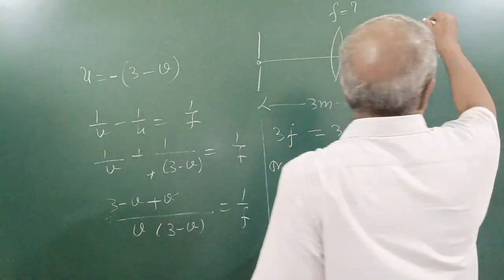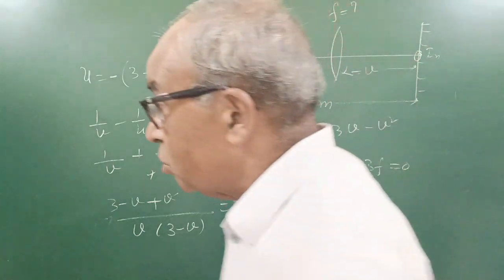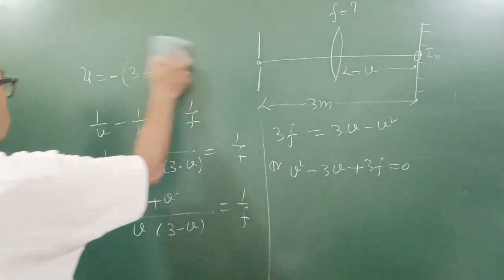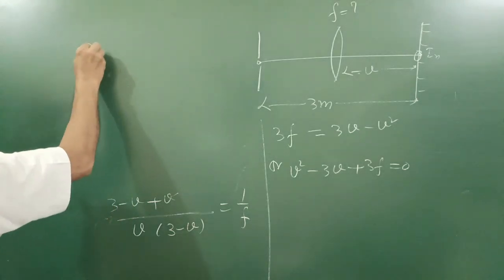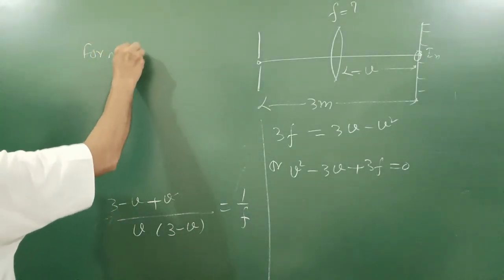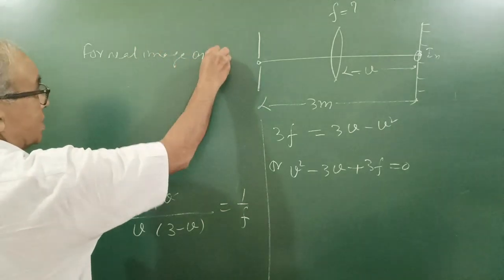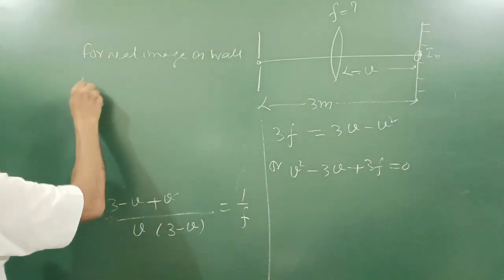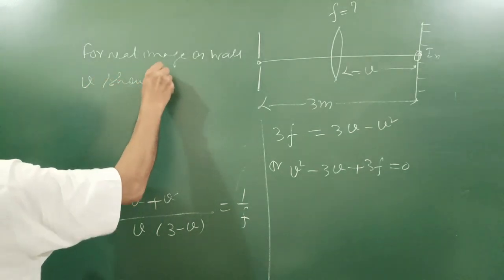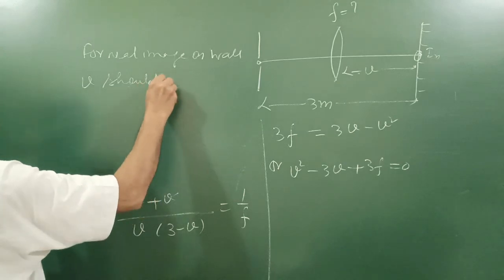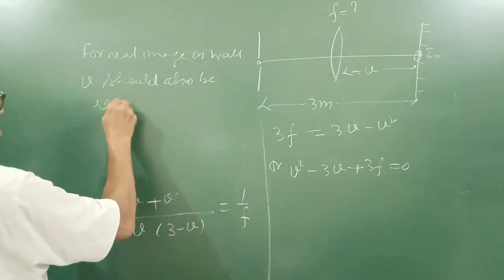The image on the wall will be a real image. So the value of V also should be real. For a real image on the wall, V should also be real.